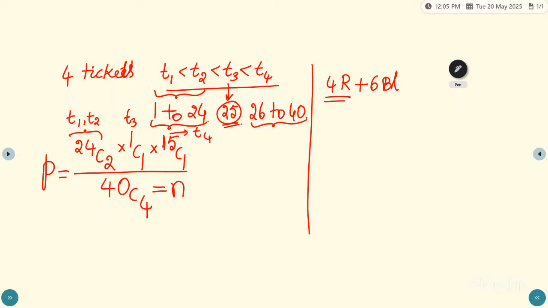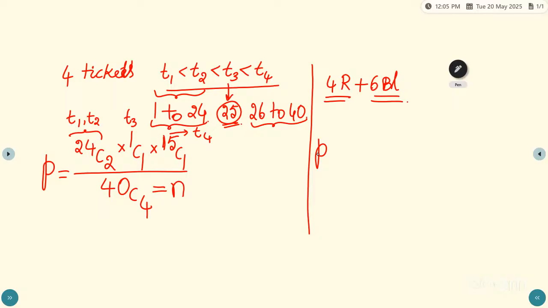So we have taken 2 balls. Totally how many balls are there? Out of 10 we are choosing 2 balls. Those 2 must be either red or black. Do you have any ball which is both red and black?